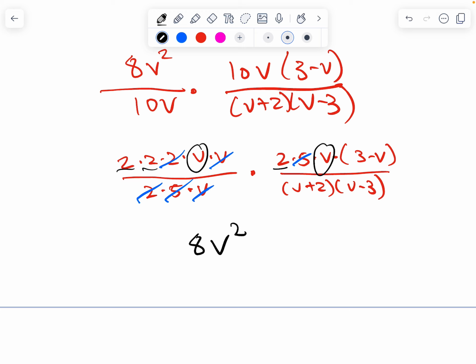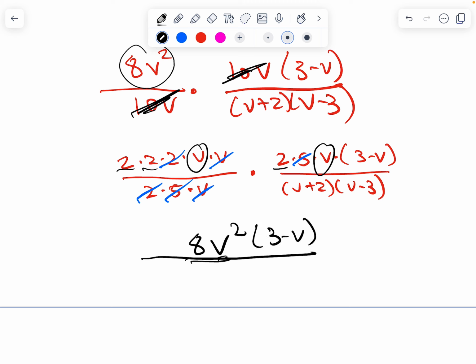Notice 8v squared is the same thing as this. What we could have done, and what you might have done, is just cancel that off and that off, and that's actually a faster way of doing it. Anyways, we got 8v squared, and on the top we also have a 3 minus v. On the bottom, we have a v plus 2 and a v minus 3.